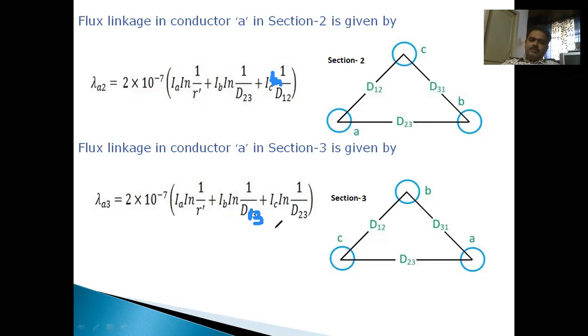If we observe, these equations are similar. Once we understand the first derivation, we can write down flux linkage equations for any type of configuration. Okay.